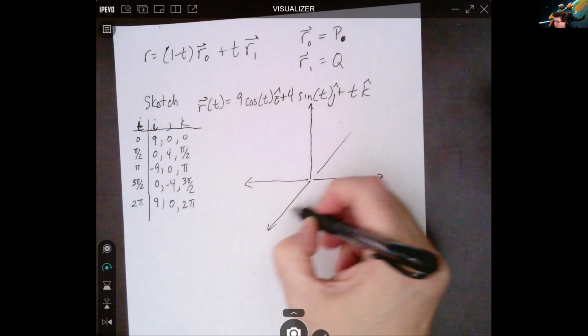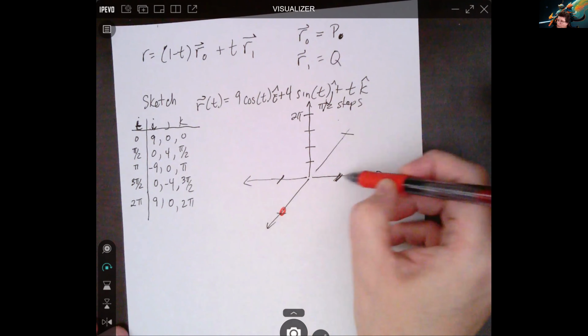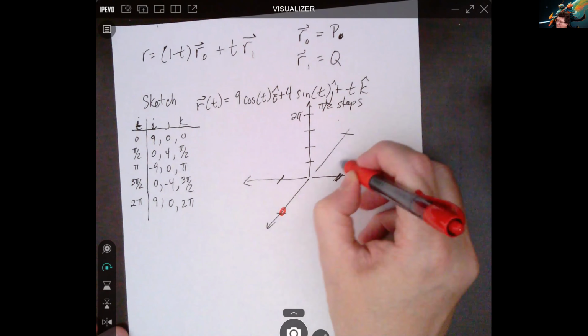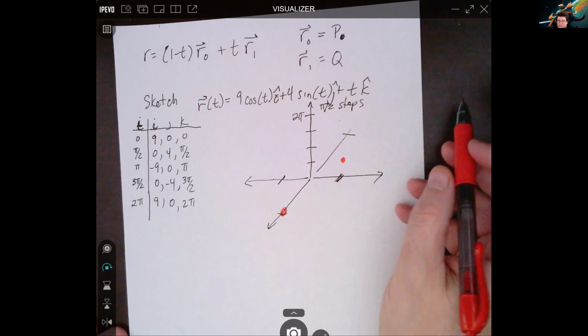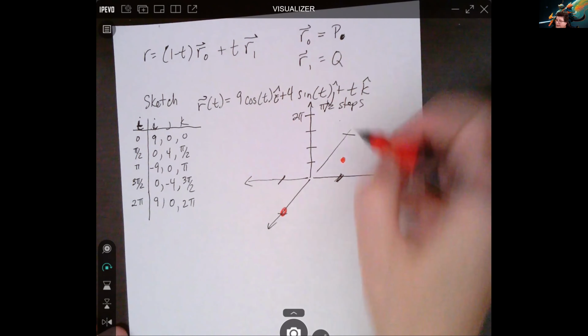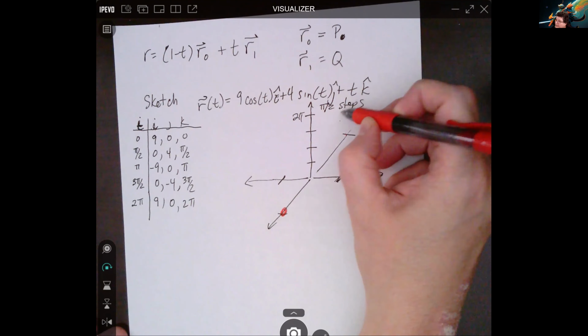So 9, 0 is right here, right? And then we got 0, 4 up pi over 2 is right there. And then we got -9, 0, which is back here, and then up 2 pi.